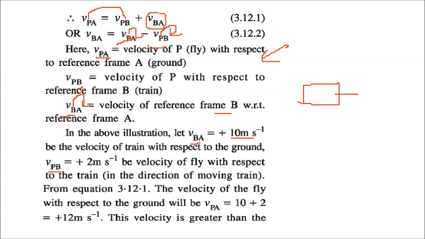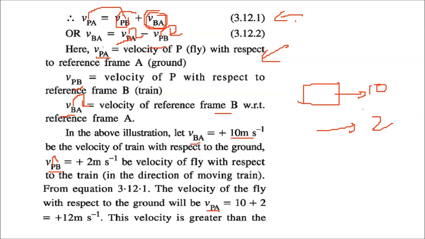So the train is moving at 10, and the velocity which is the relative one, see, this is all relative, this is 2. The velocity of the fly with respect to the train. So if we take this equation, the velocity of the fly VPA is simply VPB plus VBA.